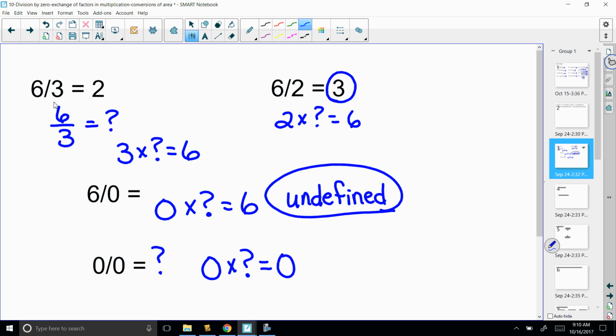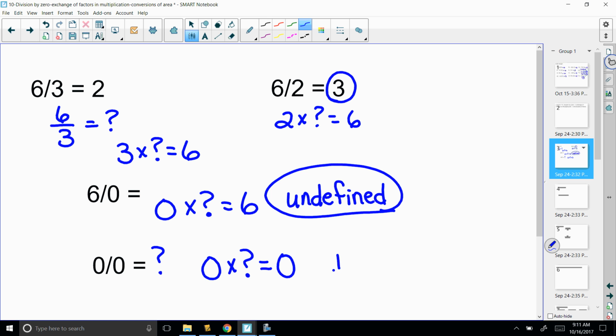It could be any number. 0 times 5 is equal to 0. 0 times negative 2 is equal to 0. 0 times negative 317 over 45 is equal to 0. So I can't determine what that other value is because, as Wilson said, it could be any number.